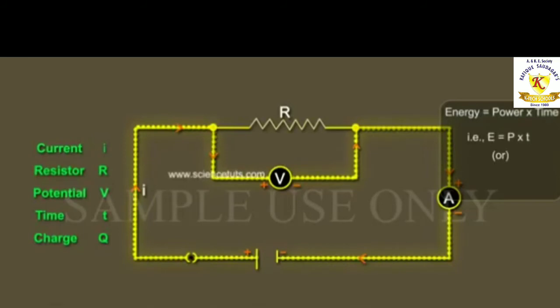That is, E is equal to P into t, or E is equal to VIt, since P is equal to VI.